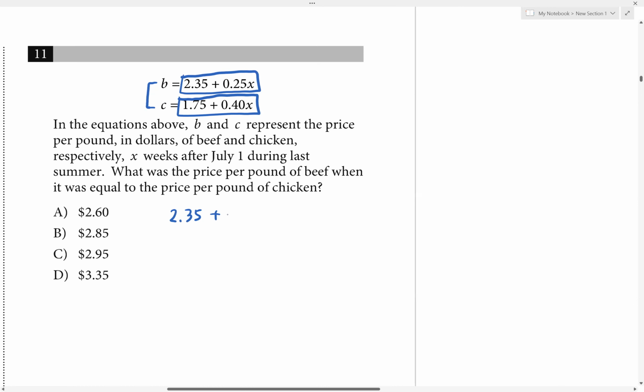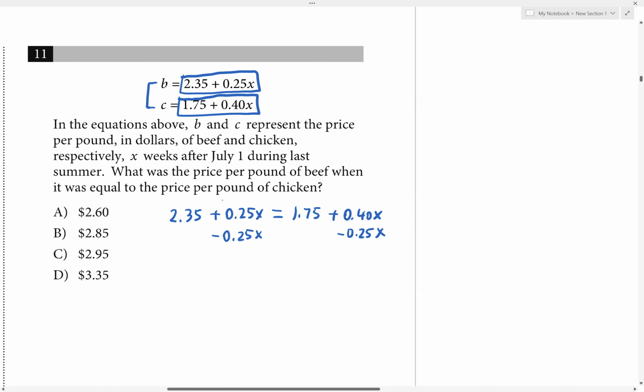So 2.35 plus 0.25x should equal the other expression, which is 1.75 plus 0.40x. Once we have that, we can use this equation to solve for x. So let's do minus 0.25x on both sides.